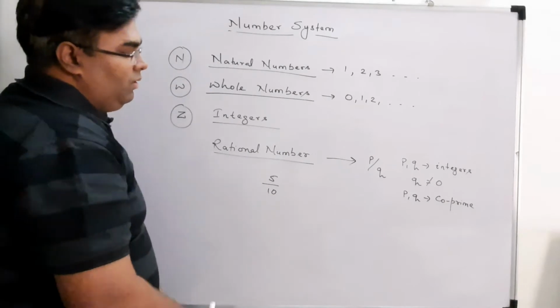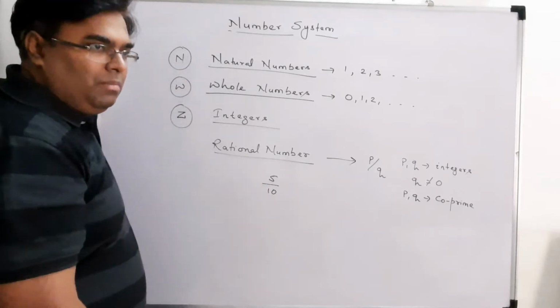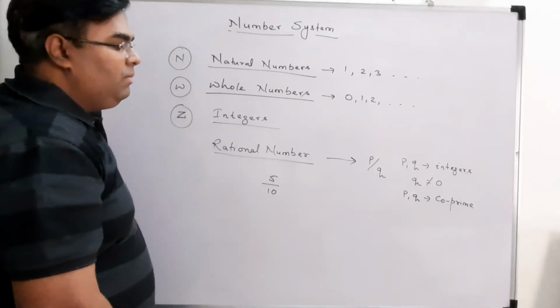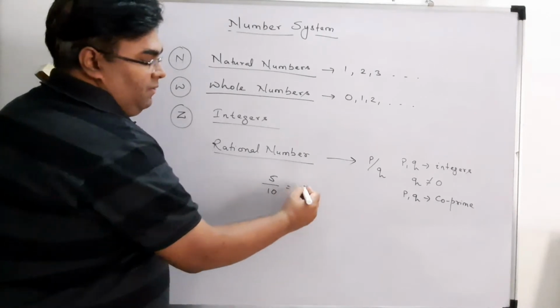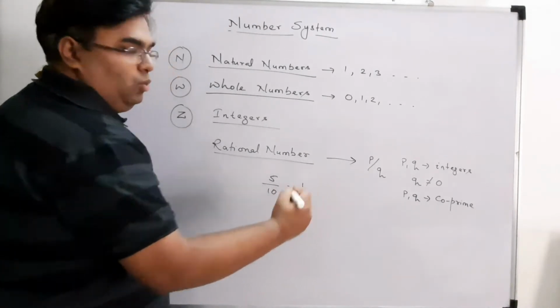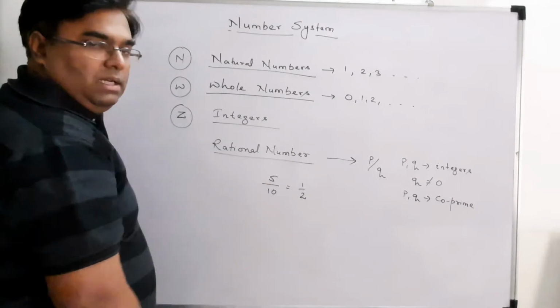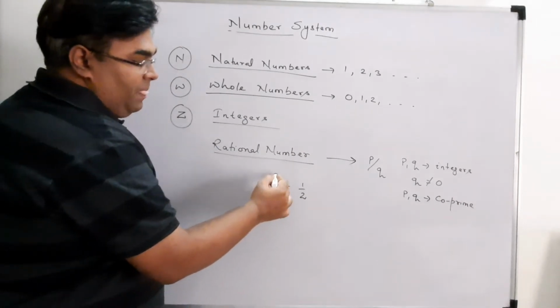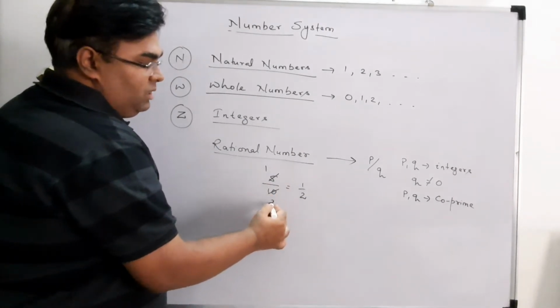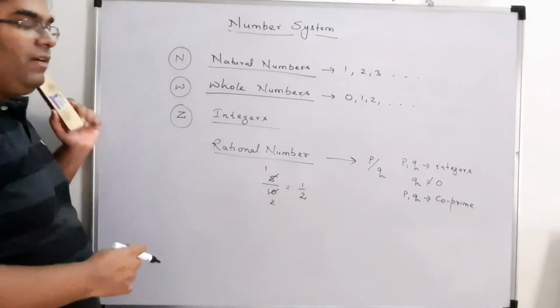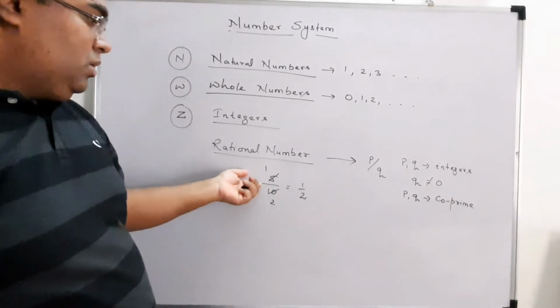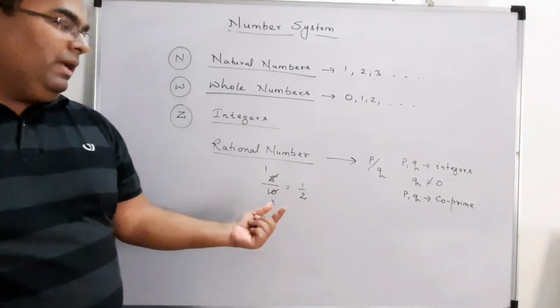Now we can reduce this number into a standard form, which is 1 by 2, because we can cut this by 5. 5 ones are 5 and 5 twos are 10.